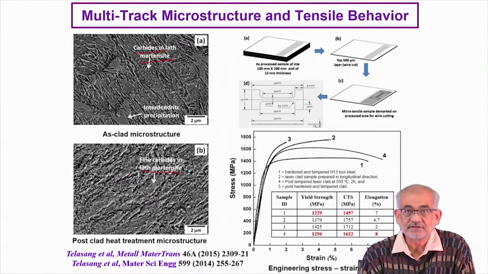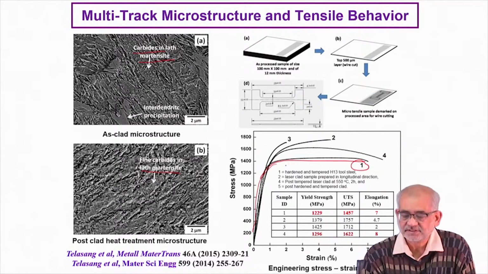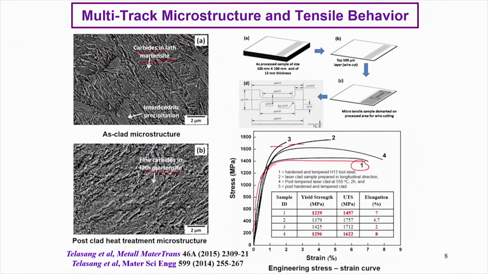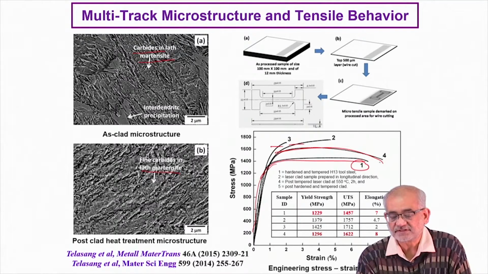And when we carried out the tensile tests, to our surprise, compared with the mechanical testing result in the hardened and tempered condition, after laser clad we were able to reach much higher yield strength, and after cladding plus some tempering or annealing treatment, we were able to get still higher strength but also a much higher range of ductility, much higher deformability.